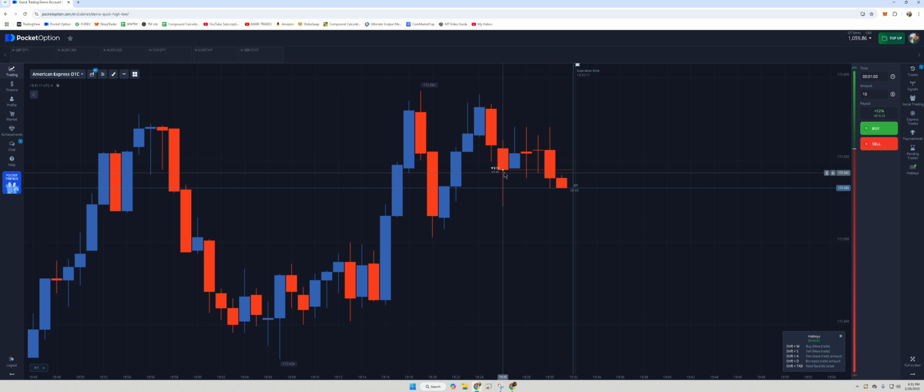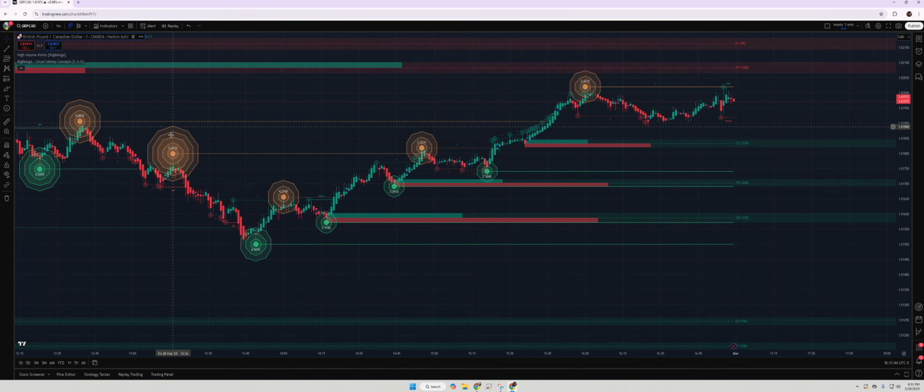Now this one I did for 5 minutes, still has 40 some odd seconds left. So let's see if it closes out below that line. This is kind of how binary options trading works, and that's why we use these types of things to help us spot where to put our trades in.